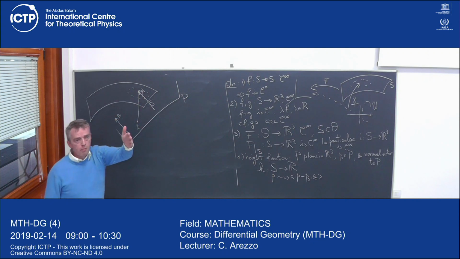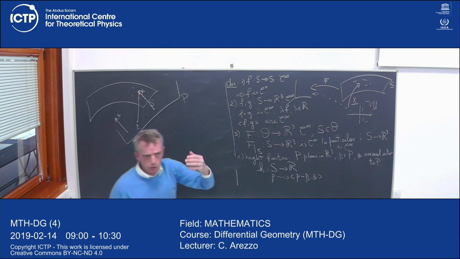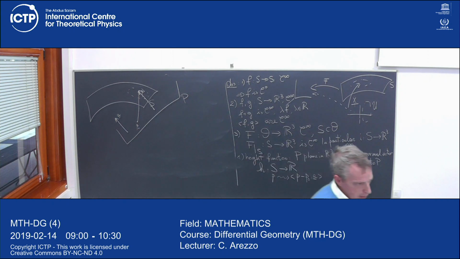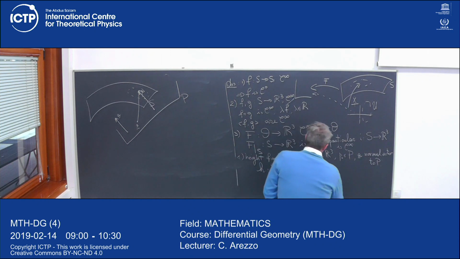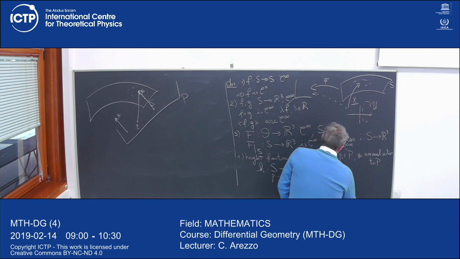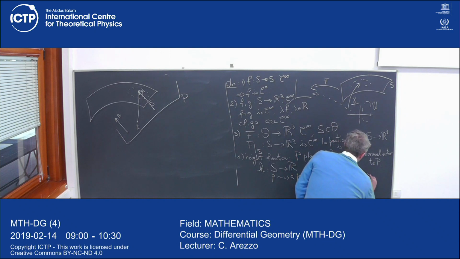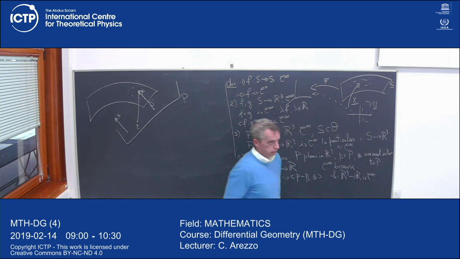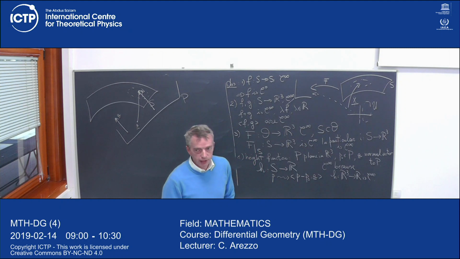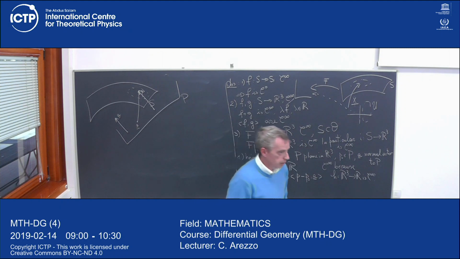Now I don't have the complication of the chart. I'm not saying it was a horribly complicated proof, but in this case this is smooth, because the same function h, now defined over R3 to R, is smooth. So it's the restriction of a smooth function from R3 to S, to any S.